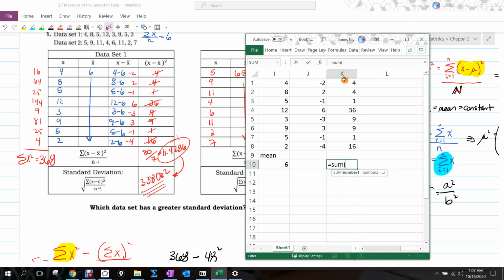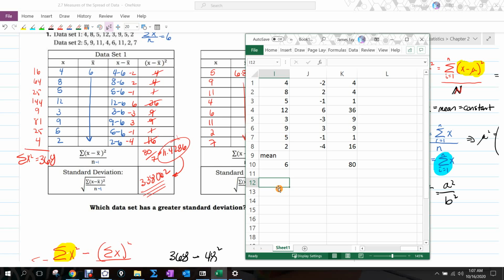My program would have to find this number, that one, that one, add them all together, give me that number, and then say, what was the number of data points we had, and divide by that. So that's the 80 that we would have seen here, and then the 7, and we can have our calculator do everything.